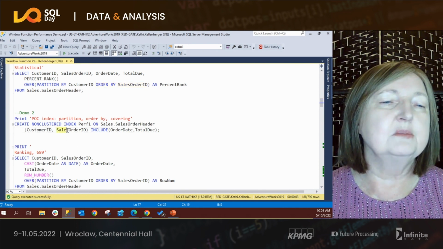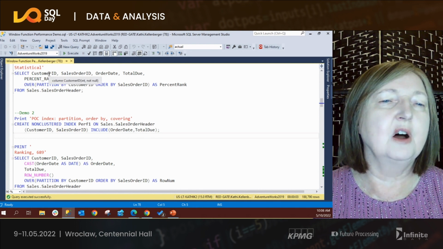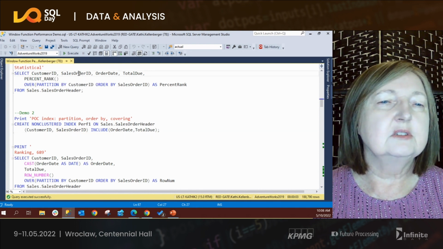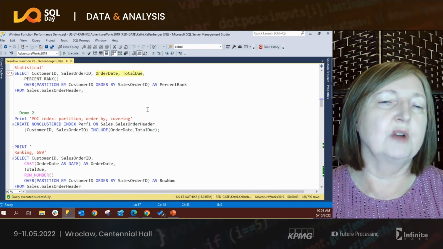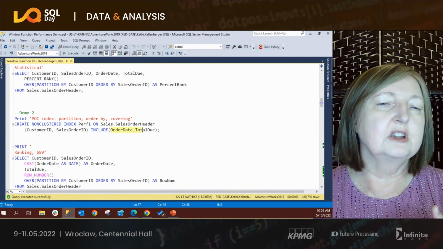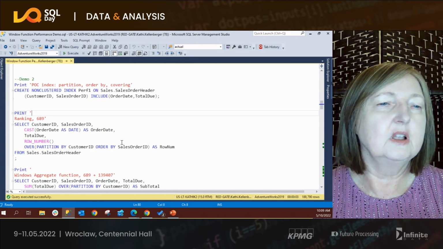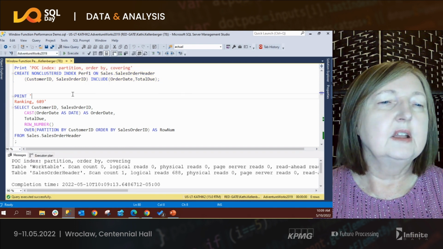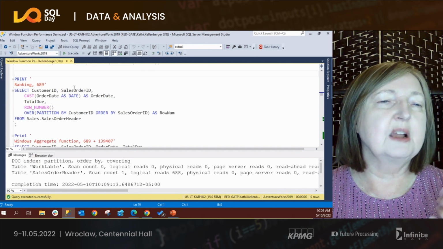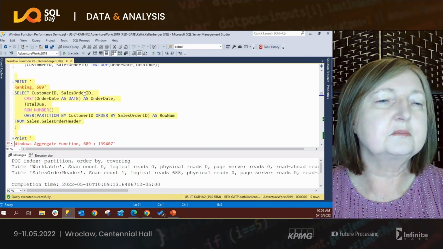And that's where I put my O, PO. And then I have a couple of other columns that are in my query. So I am including those here to avoid a key lookup. So I'm going to create this. I haven't done that already. Nope.